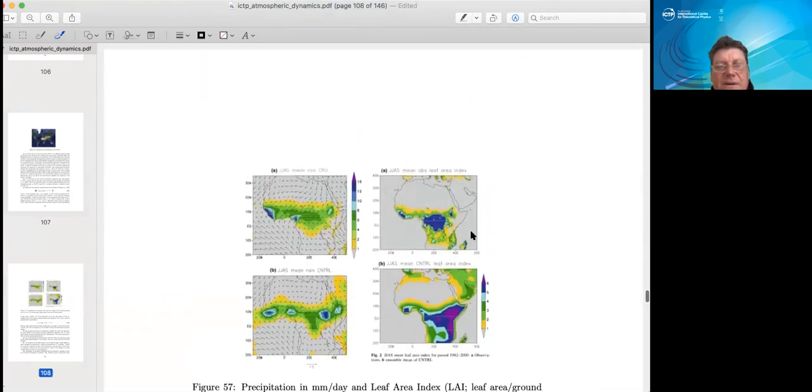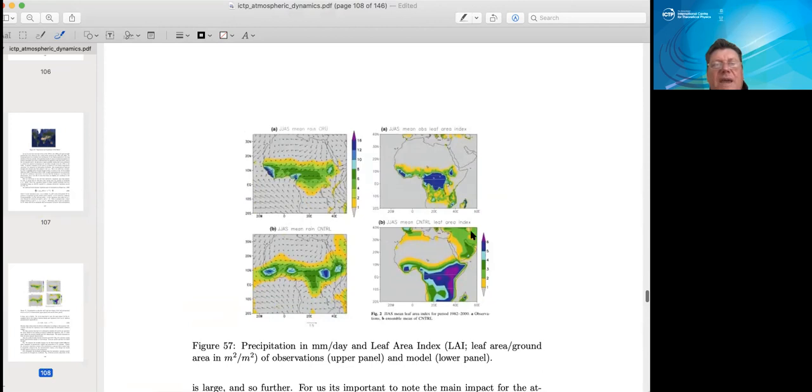Let's have a look. So if we look at the rainfall distribution, this is now for summer, because this investigation will focus on the summer season. So this is the summer climatological long-term rainfall distribution, in millimeter per day.